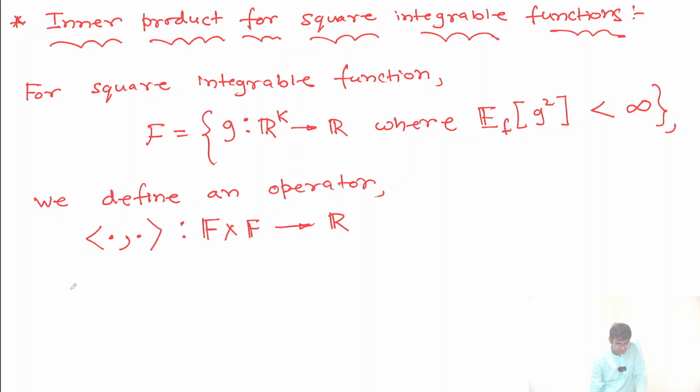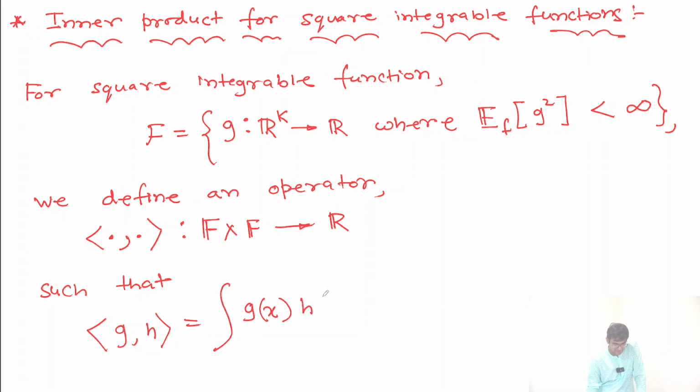We define this operator such that g comma h is equal to the integration of g(x) h(x) f_X(x) dx. This is known as the inner product of square integrable functions.